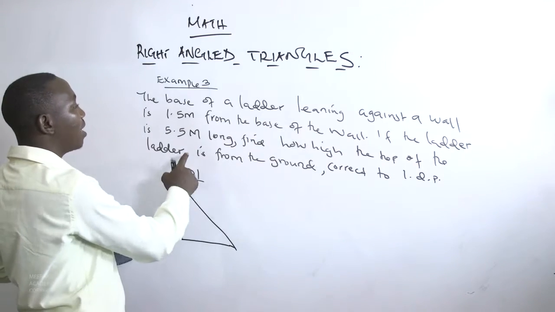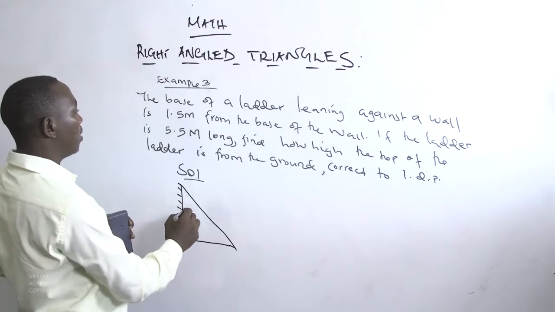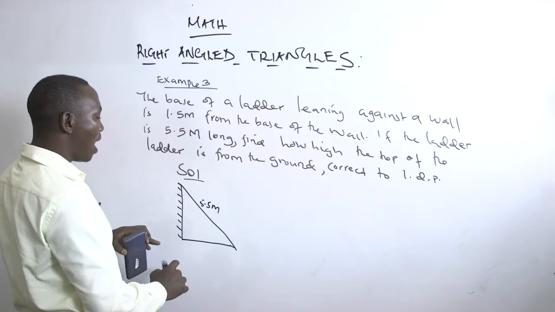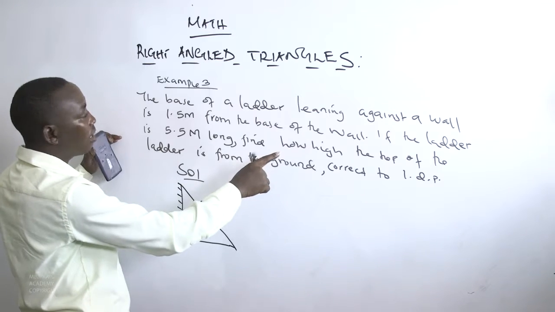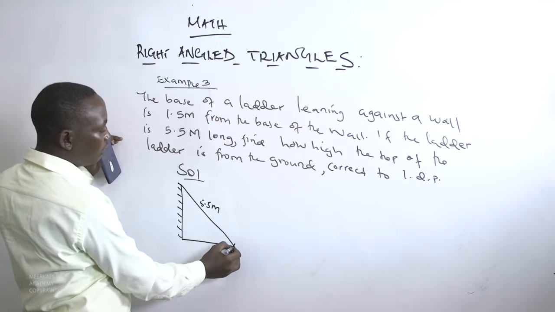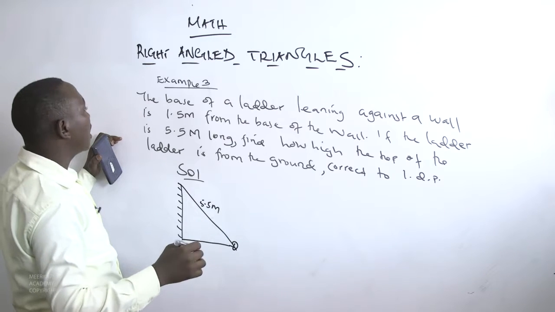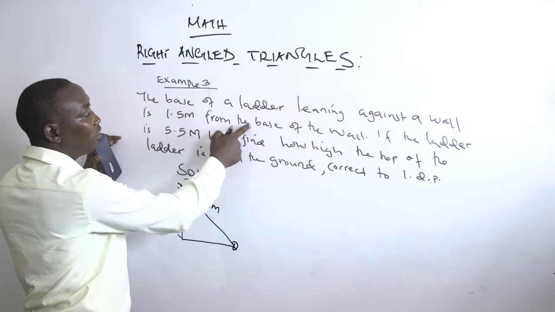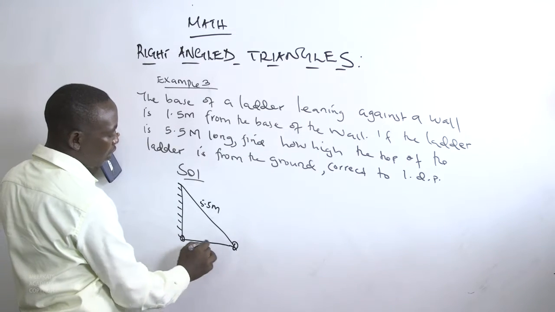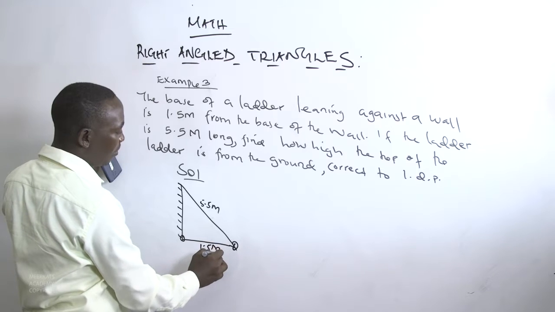The length of the ladder is 5.5 meters, and the base of the ladder leaning against the wall is 1.5 meters from the base of the wall. This is the base of the wall. So that means that our shorter side is 1.5 meters.